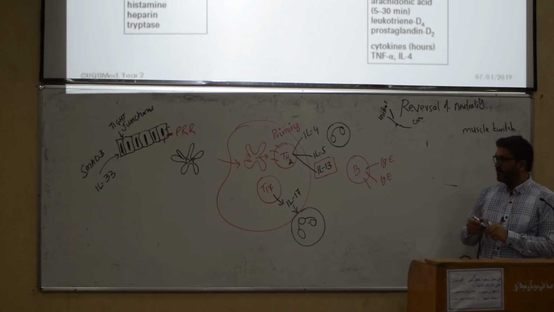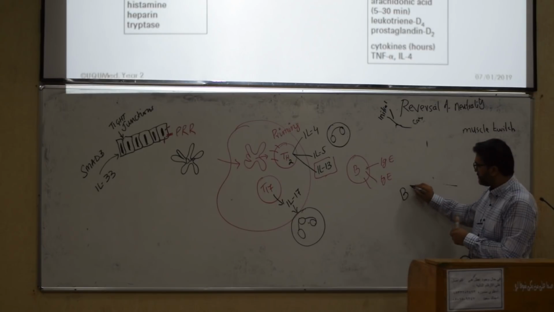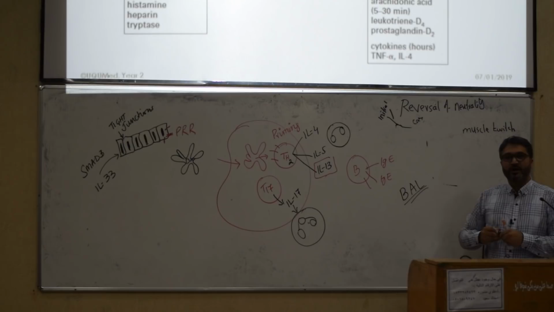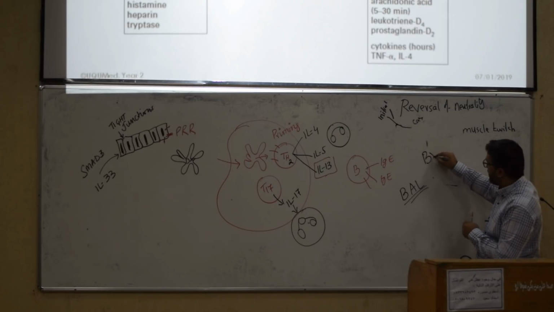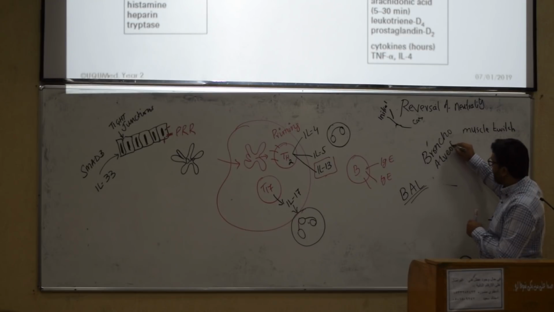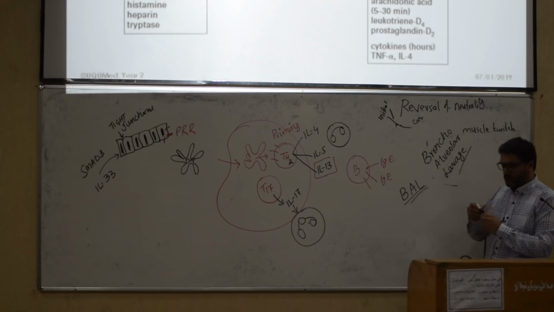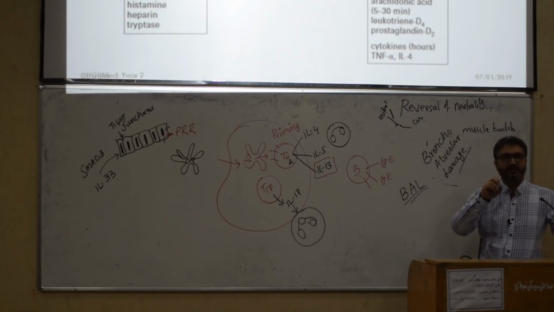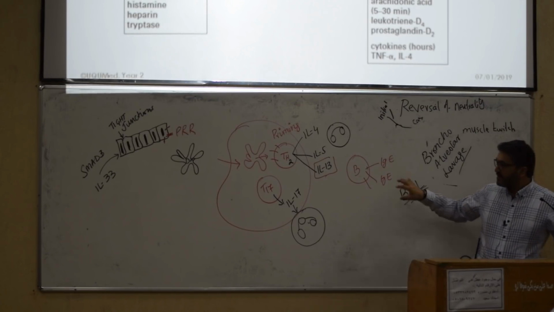Now here another thing that I would like to tell you is that if you will do a BAL, what is BAL? Broncho-alveolar lavage. Nobody remembers? So you insert a bronchoscope in the patient, it washes the alveoli, and then brings out viable cells, live cells. So why am I telling you this?